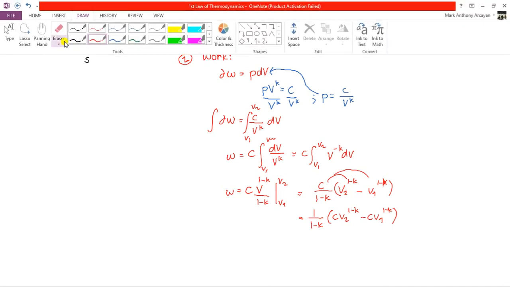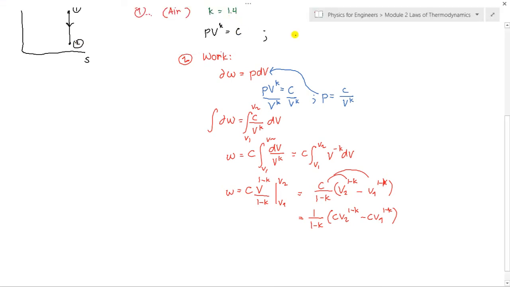And if we have two states, going back above, we have P1 V1 raised to K is equal to P2 V2 raised to K, which is equal to a constant C. And this C is equal to M R T1 or M R T2. So therefore, we can substitute C either P1 V1 K or P2 V2 K.